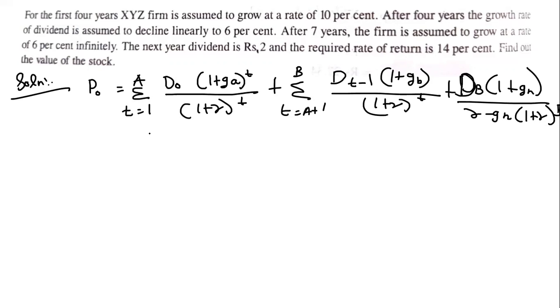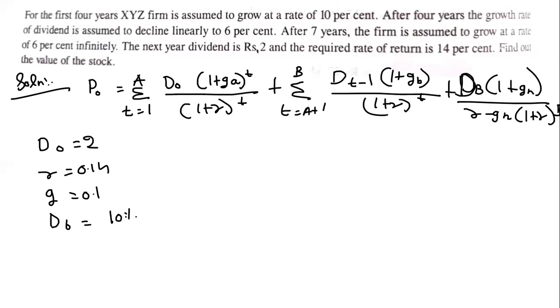So we have to solve it stepwise. Let's take the given. D naught is 2. R here is 0.14 and G is 0.1, and then there is the declining rate. Earlier it was 10%, so it declines linearly to 6%.